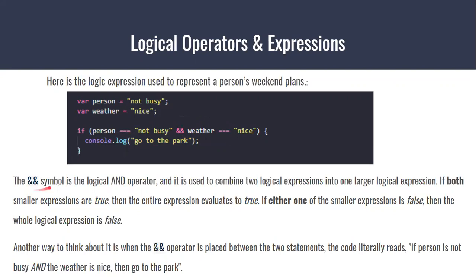So this double ampersand symbol, very important, you'll see it a lot, is the logical and operator. And I should show you a circuit design. How I learned this when I was learning this portion of it, they showed us in university, electrical circuits and the gates.